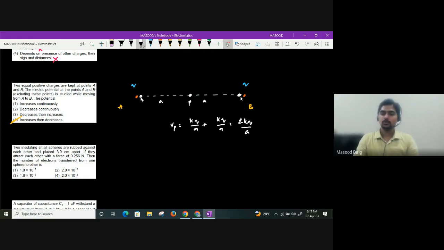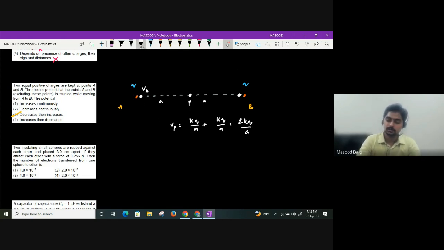Here also, because it is very close to the charge, the separation is 0, so it would be infinity. So first infinity, then it reduces to 2kq by a, then again moves to infinity. So it will first decrease, and again it will increase. Clear, all of you?